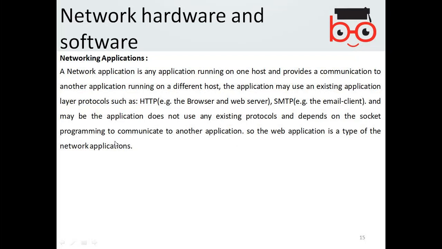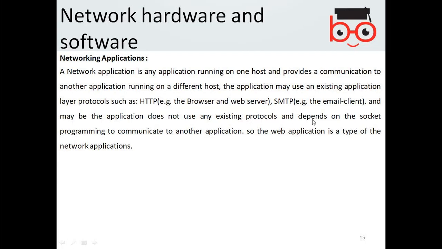So when you have a network, then you need an application to communicate between the devices. When you talk about a host, it means your laptop, your desktop, your mobile device, and they need to communicate using a certain application.